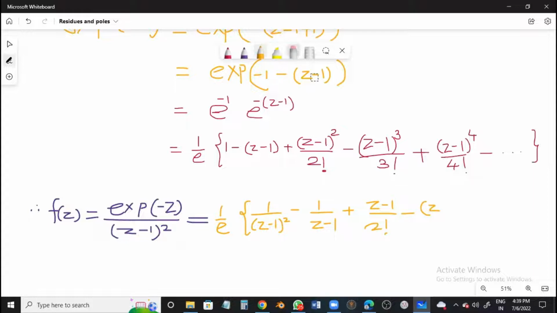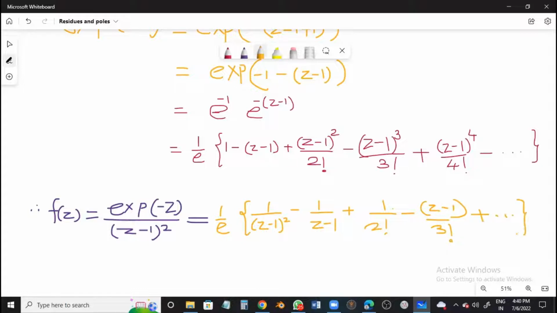Yes, you are right. That is what I was trying to see, whether you are attentive or not. So this is minus z minus 1 upon 3 factorial, and you can say plus and so on.